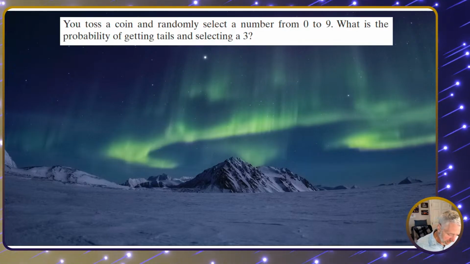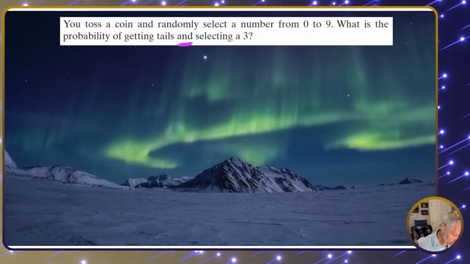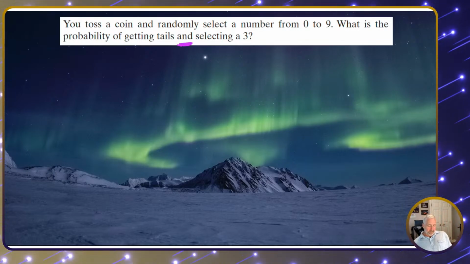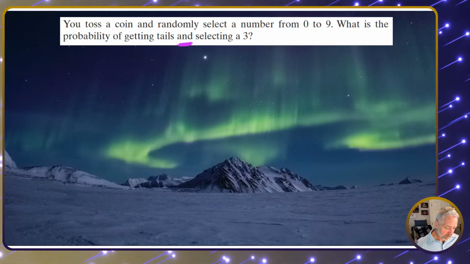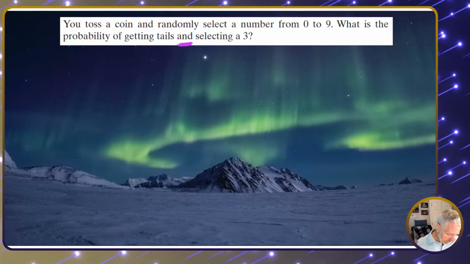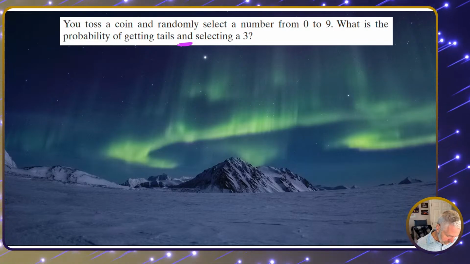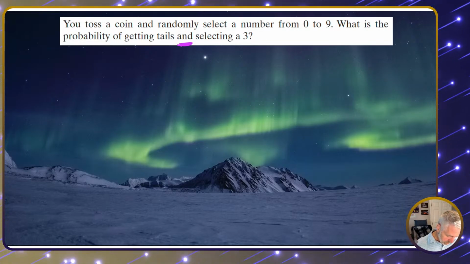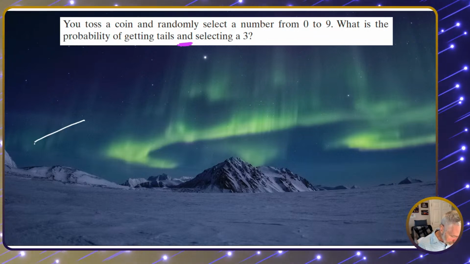Okay? If you remember, there's a key word here with the and. So you toss a coin and randomly select a number from 0 to 9. What is the probability of getting a tails and selecting a 3? Well, without going into the multiplication rule, which is really what it breaks down to be, we could just look at the fact that I'm going to toss a coin.